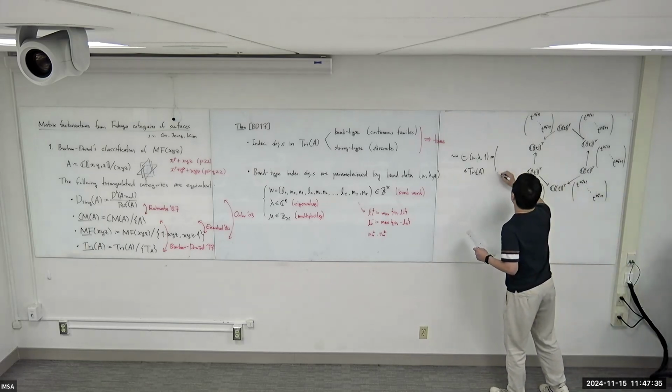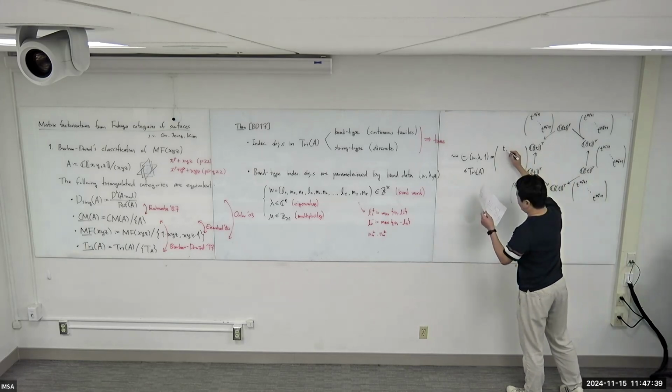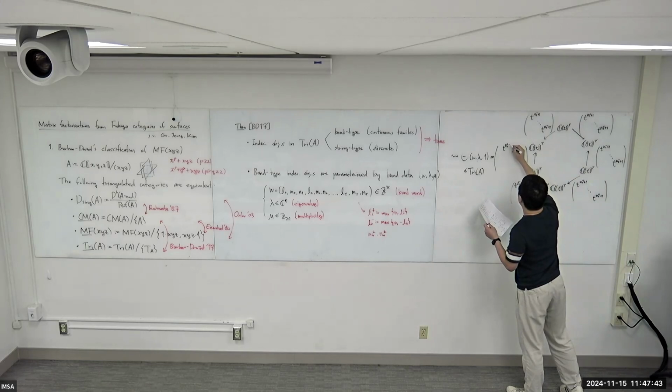So we make some cyclic permutation. So here, I rather draw 2 plus, 2 half plus.